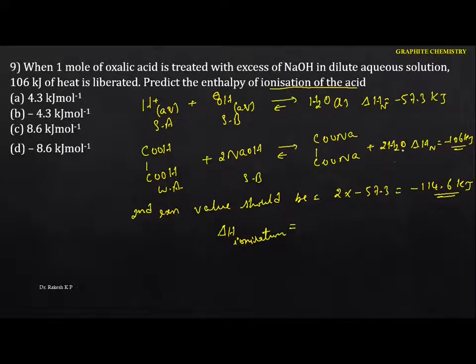The first thing is the value they have given, minus 106, minus of minus 114.6, because this is for the strong acid and the strong base. The value you are going to get is 8.6 kilojoule per mole. Okay, this is the value you require. So this much energy is required for the oxalic acid for the complete dissociation. Hence in this case the option is C. Okay, next one.